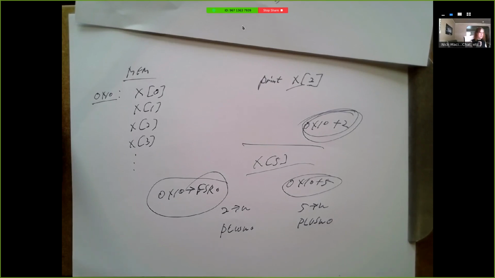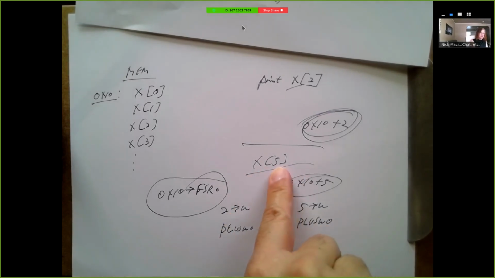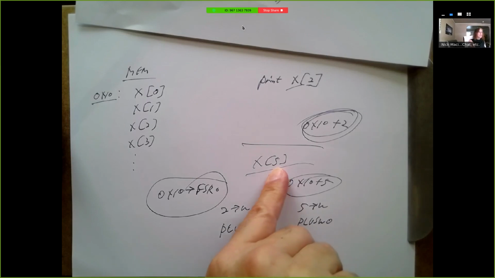By the way, this is really close to the heart of why arrays and pointers feel like the same thing in C. They really are the same thing. Because at a hardware level, accessing an element of an array is really looking at the address of an array, adding some offset, and then using that as a pointer to the thing that you want.